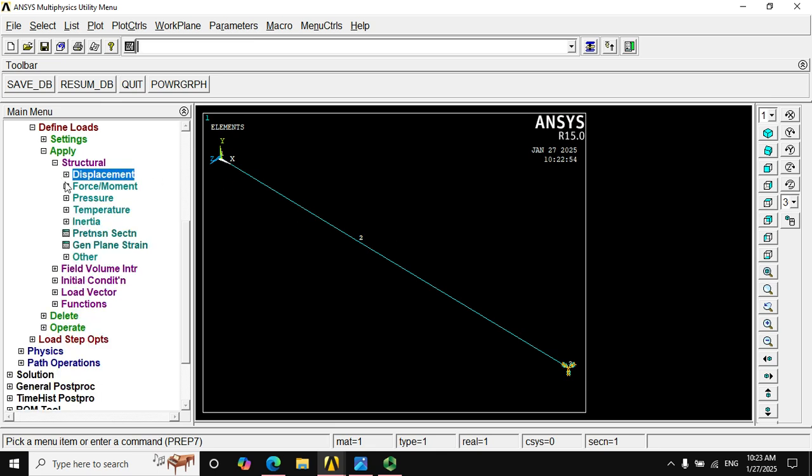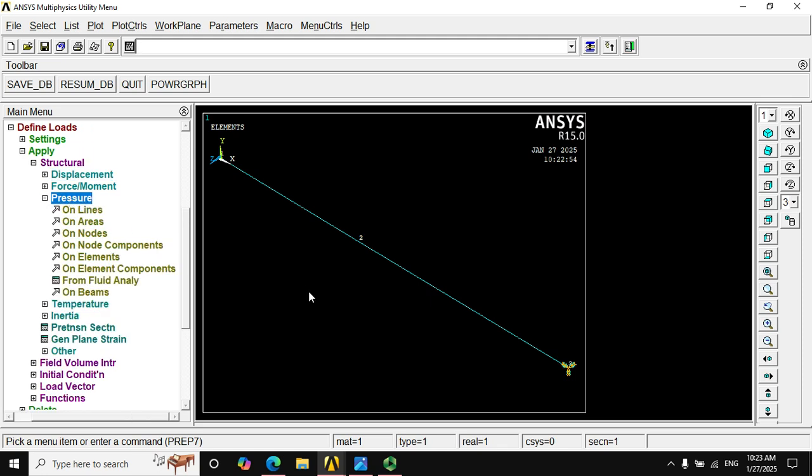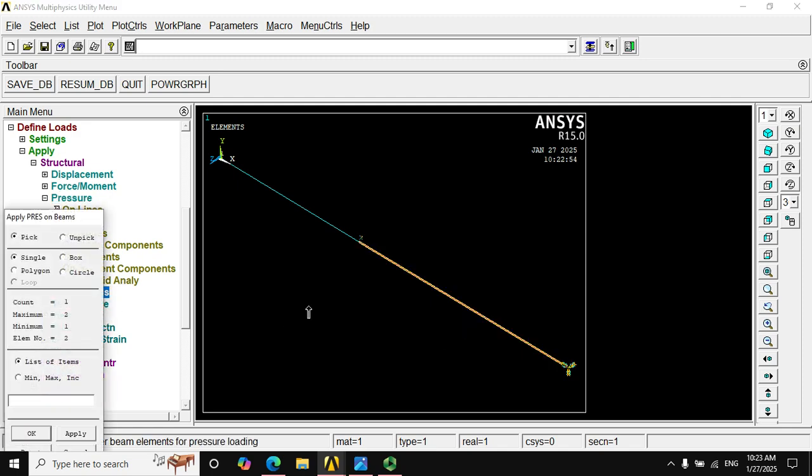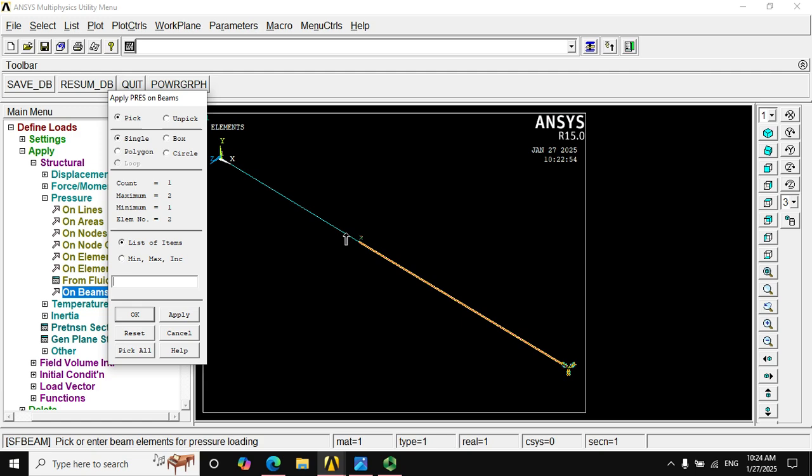And then we need to apply force. That distributed load, you can apply it as pressure on the beam. So you go pressure on beam, and if you remember from point B to C or node 2 to 3, we had that pressure.